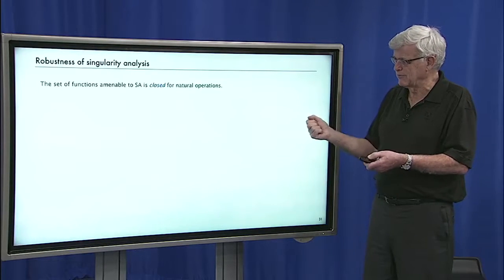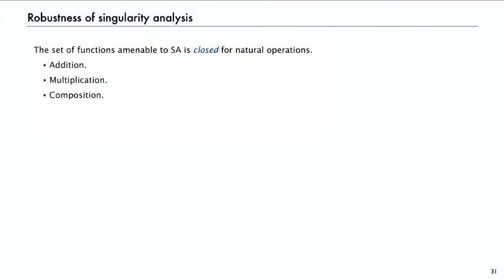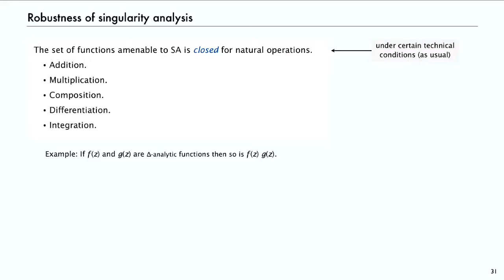That is, if you have a couple of functions and you add them, multiply them, compose them, differentiate or integrate, well, there are certain technical conditions, but it's easy to show that, for example, if f(z) and g(z) are delta-analytic, then so is their product.